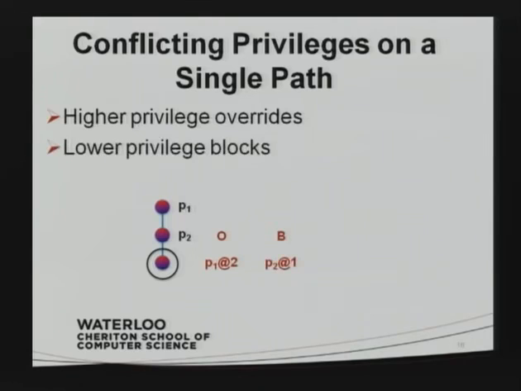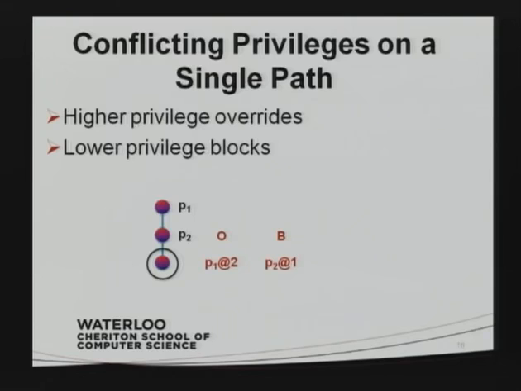I can also, instead of that, have that the lower privilege blocks the higher privilege, which I think is the more common interpretation of these hierarchies. So if a group has positive permission and a member of that group has the negative permission, then I am saying everybody in the group is allowed to access this object, but not this particular member or not this particular subgroup.